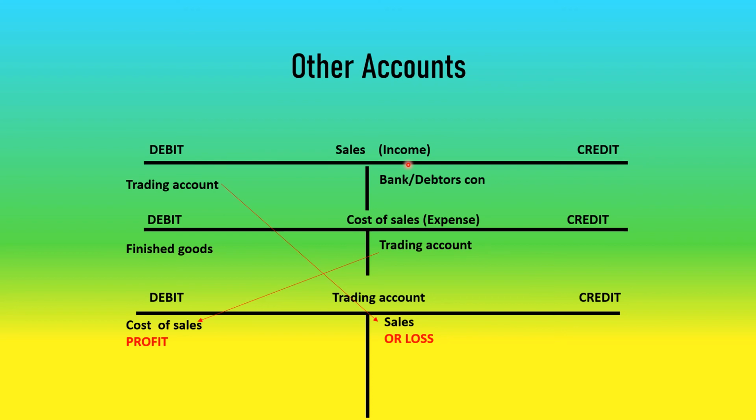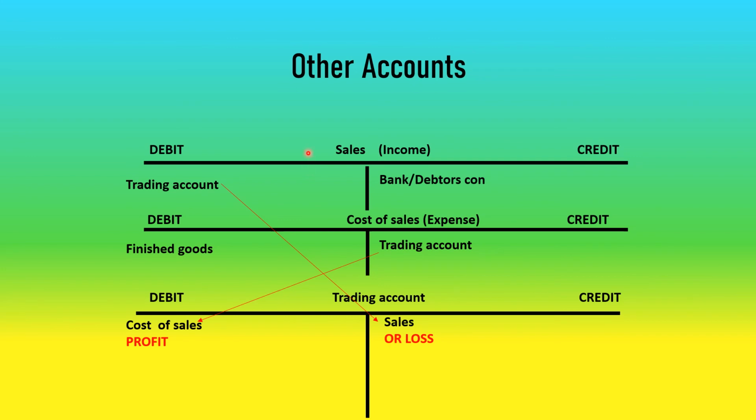So the finished goods that are now in the shop and ready to be sold to the consumers, when they are sold, they could be sold either for cash to the consumers, or on credit to the consumers. So depending on that, you are going to record it as bank or debtors control. Once you have recorded that, you are then going to close it off with your trading account on the debit side.